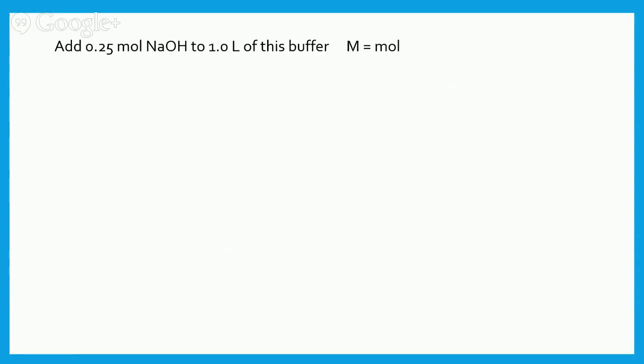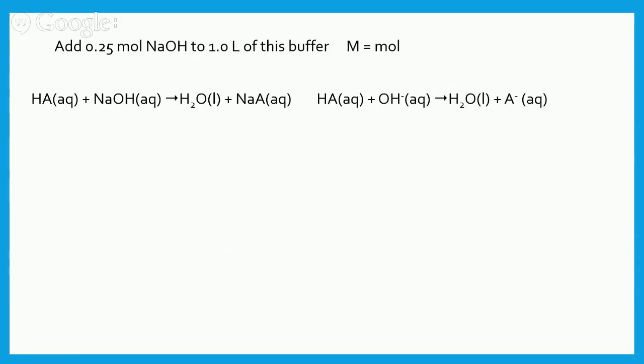Again, we're trying to keep it simple for these early problems. So again, we're adding a base to this buffer. So your weak acid is going to neutralize this base. Again, in a classic acid plus base gives you water plus salt type of reaction. Or if you show it as a net ionic, it would look something like this.